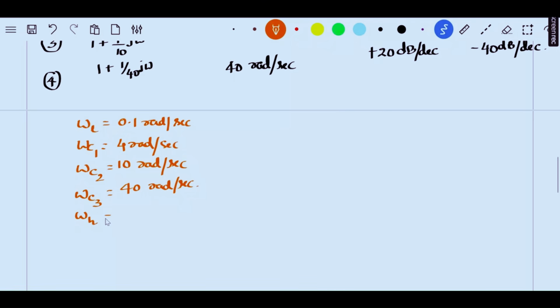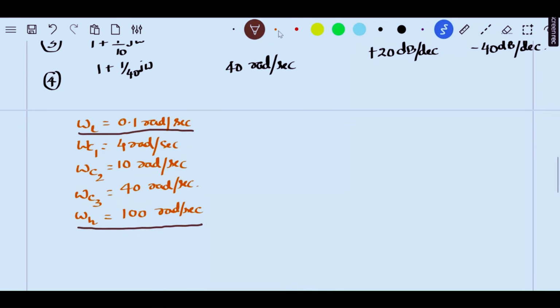Now the higher corner frequency we consider here is anything beyond 40. I will be considering a little bit more than 40, which I will assume to be 100 radians per second. You can also take 80 radians per second if you want. So there are two corner frequencies which we are going to define along with the other corner frequencies: the lower corner frequency and the higher corner frequency.